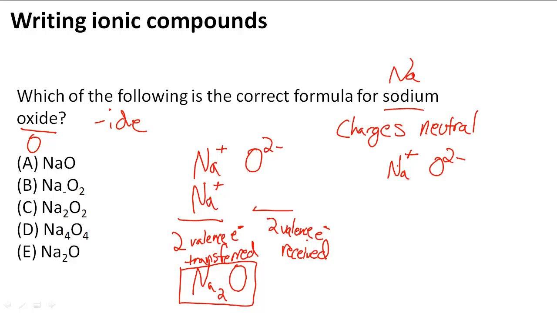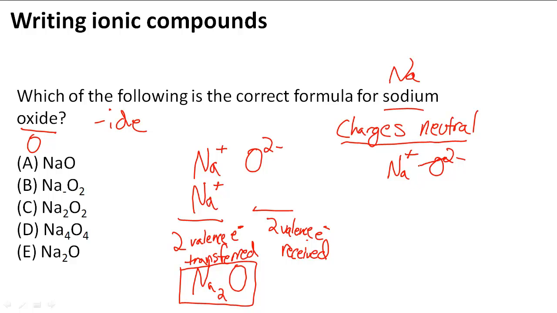Again, write out the charges so you make sure that you know what they are. And what we're going to do is called the X rule. We're going to move just the number, not the charge, because we're using a ratio to tell us how many Nas and how many oxygens we need to make sure that the charges are neutral.